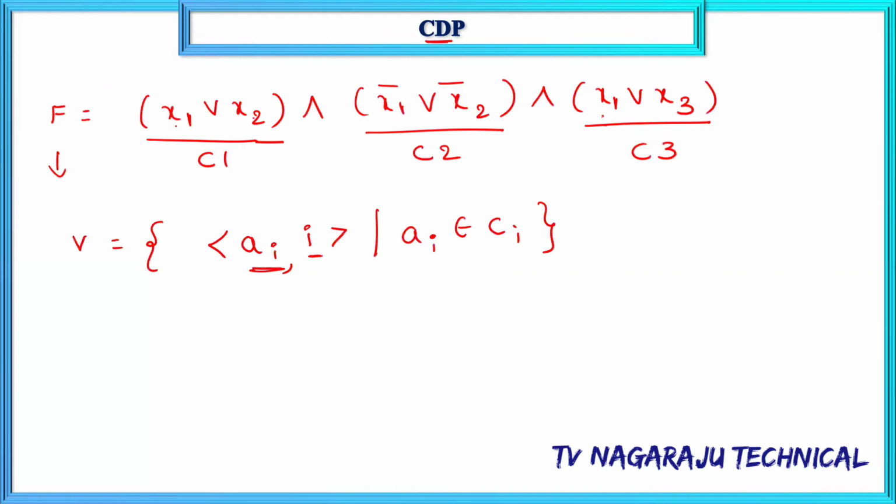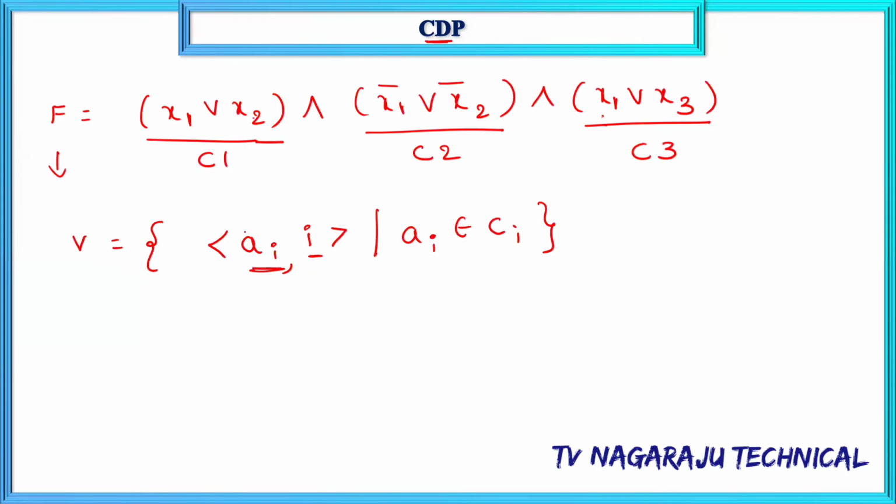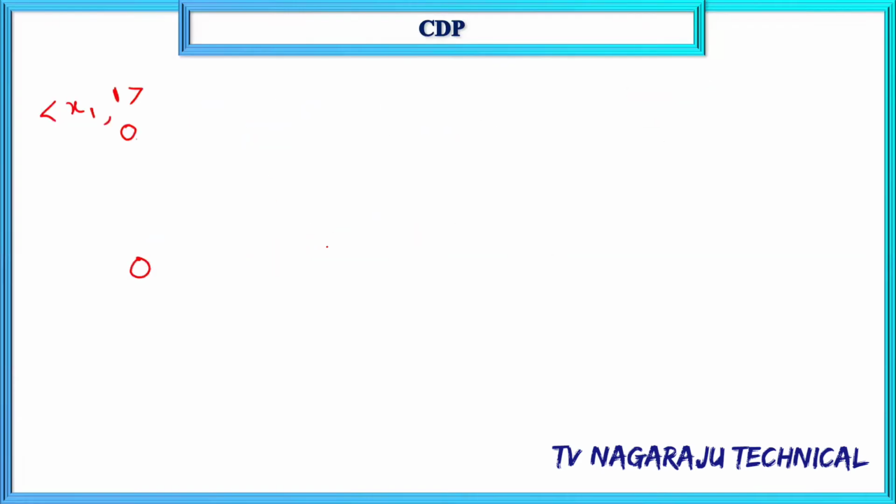So first I will write down all the 6 vertices. How do you write? For example, vertex 1, the structure is x1, x1 belongs to clause 1. So here you need to write x1 comma 1. This is one vertex. Now draw one more vertex. Here x2, x2 belongs to which clause? Clause 1.